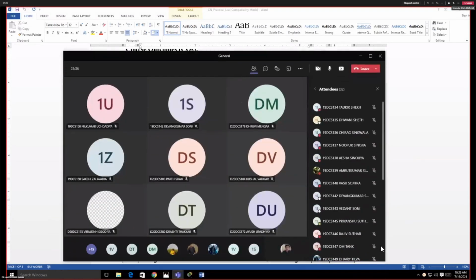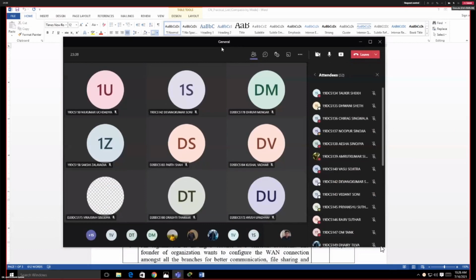Is the aim clear or not? Please tell me. Clear, sir. Okay, thank you. So we have to consider two LANs connected by at least one router, and we have already connected them as per the requirement.